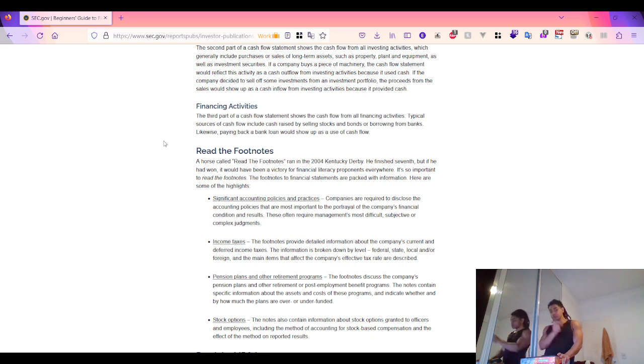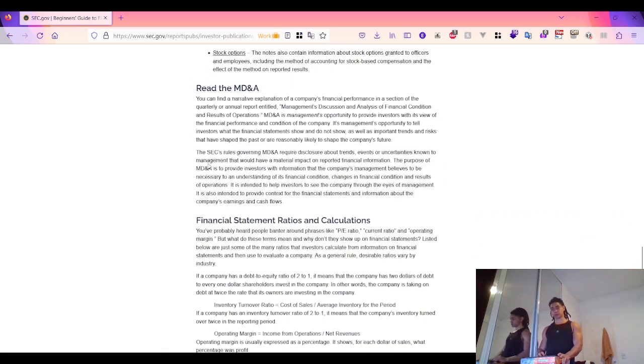And when it comes to operating liabilities, we have accounts payable, which is an amount of money that you owe another company for a service they have rendered to you.